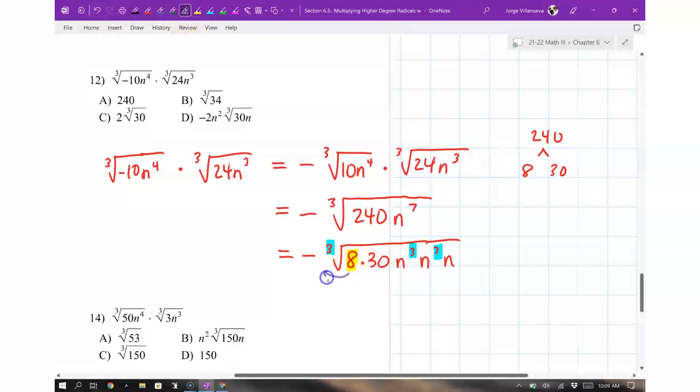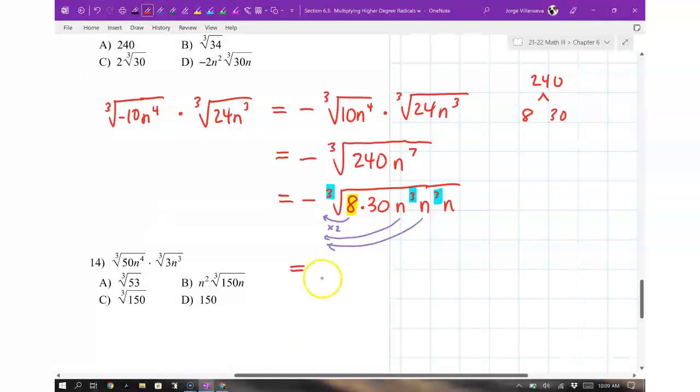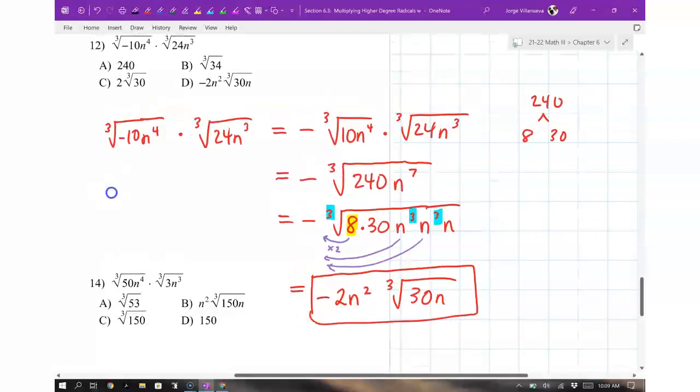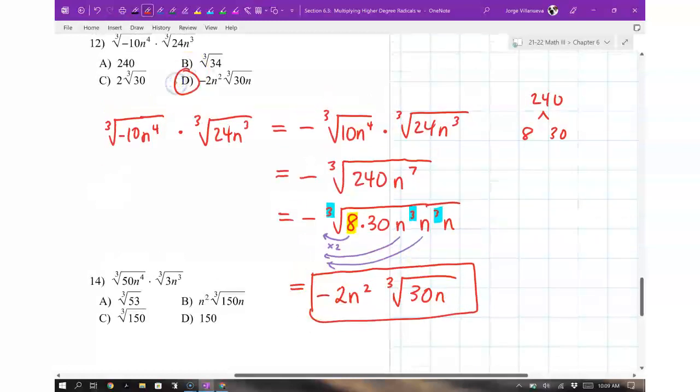So the 8 will become a 2, and this n will come out, and this n will come out. So this will be negative 2n squared, because there's two n's. So n squared, cube root of 30n. That's right there. D.